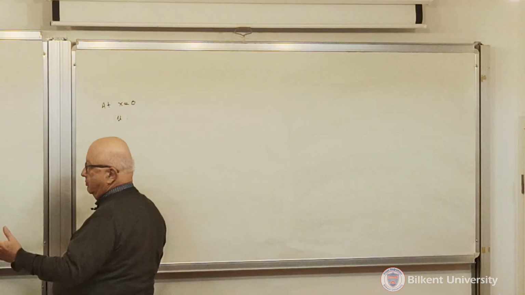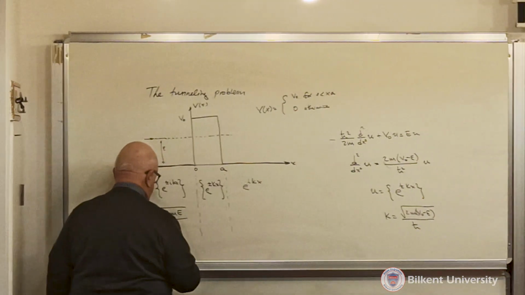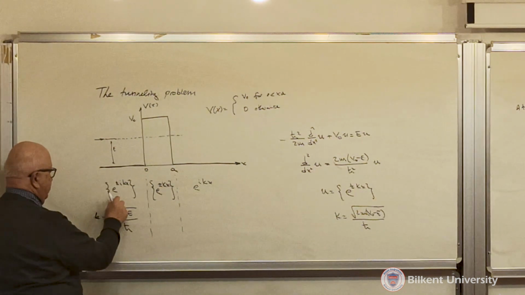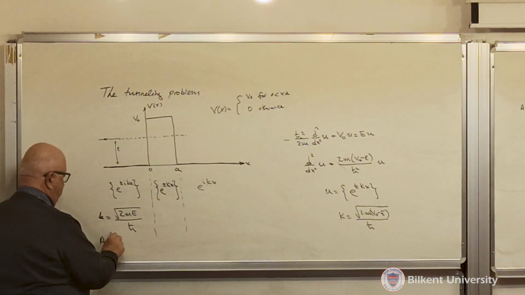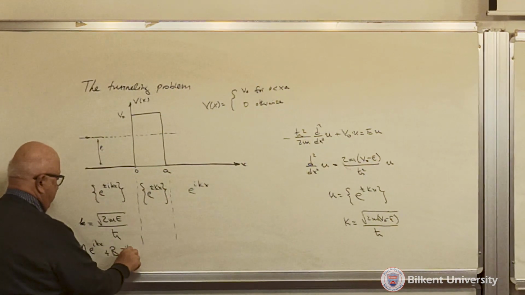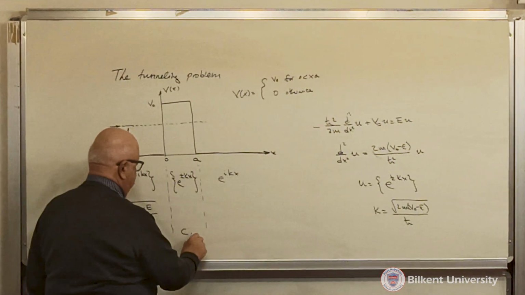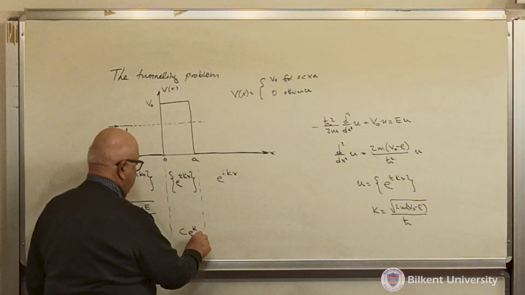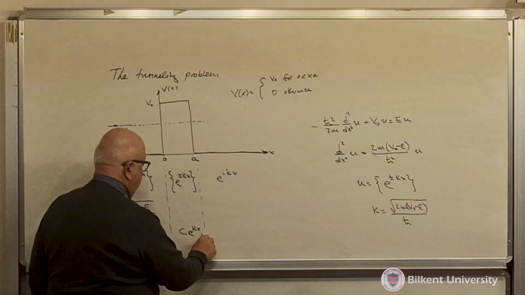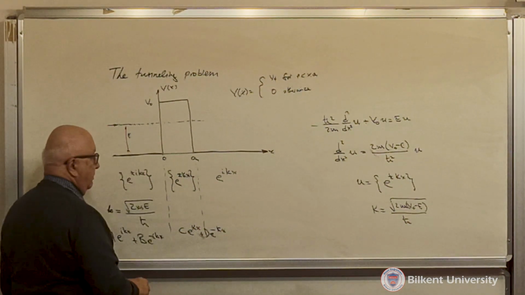Okay, so, well, maybe I should also write down the form of the solution here so that I can use that. Okay, so the solution here, a linear combination of these things, will give me a e to the ikx plus b e to the minus ikx. In the middle here, I'm going to set this equal to c e to the plus Kx plus d e to the minus Kx.